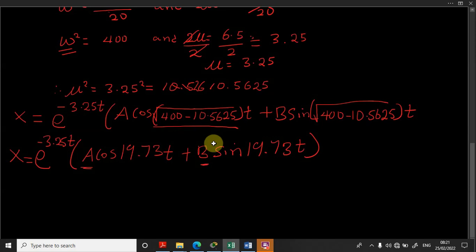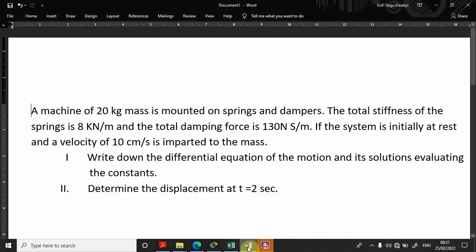So now we can go ahead and equate this as equation 1. Now from the question, it says if the system is initially at rest, one of the key words you need to take note of, and the velocity is 10 centimeter per second.